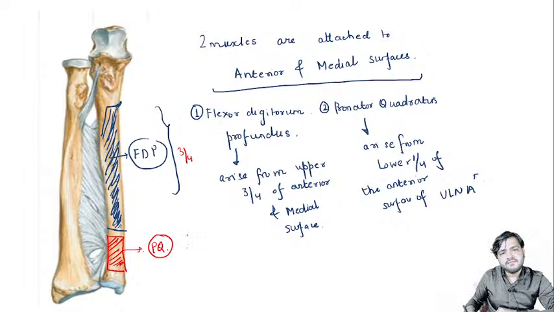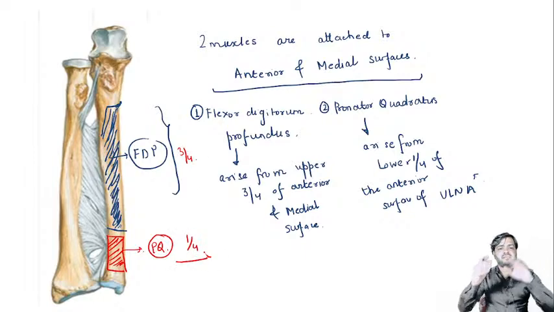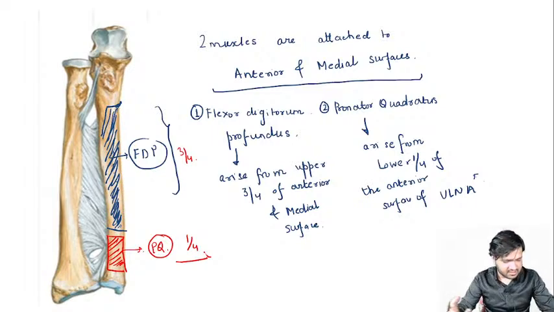So ये 3/4 हो गया, ये 1/4 हो गया. So yes, this is present on the anterior as well as on the medial surface. Okay, so it is just extended to the medial surface as well.